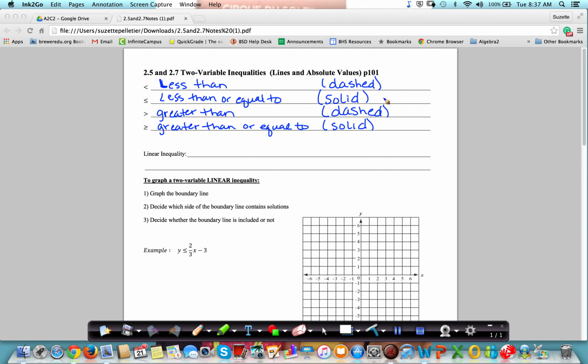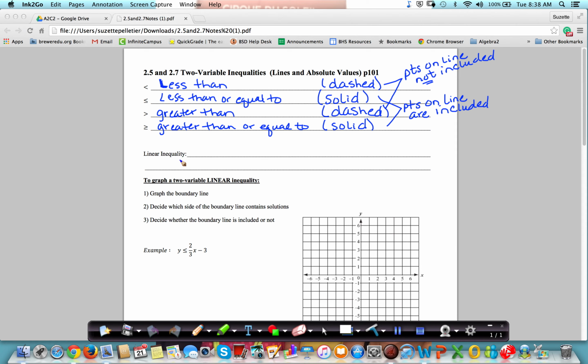So that's the difference between the two. For the solid, points on line are included, and these two dashed ones, points on the line not included. So just the lines above or just the lines below, but not the points on the line. Okay, so that's the difference between the two.